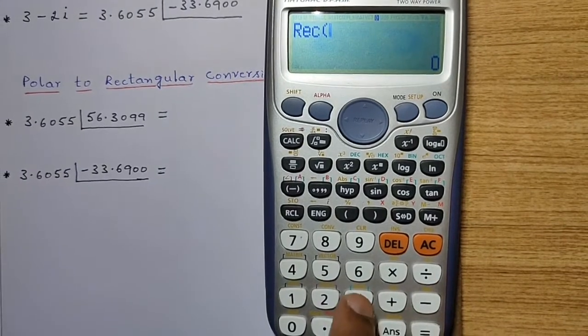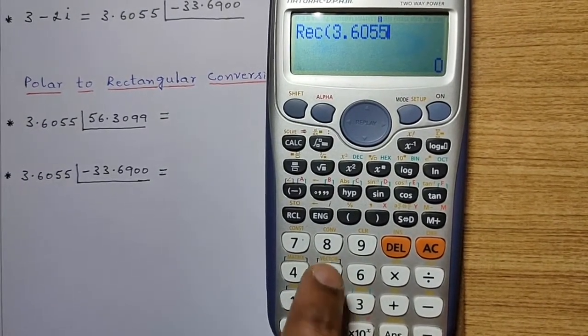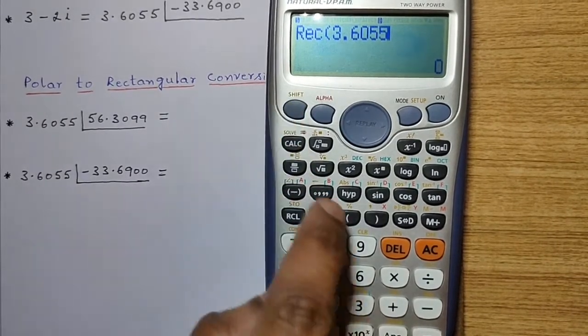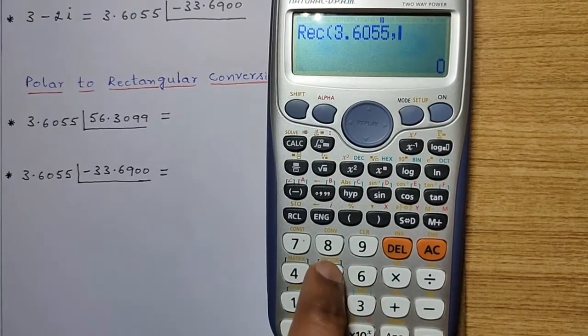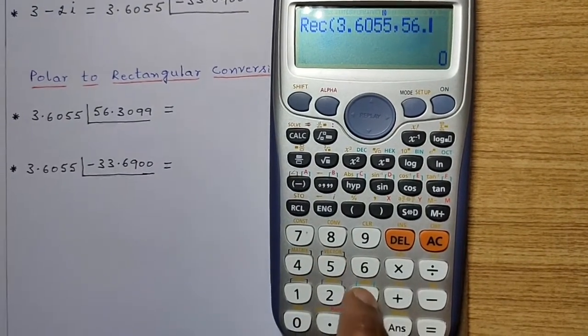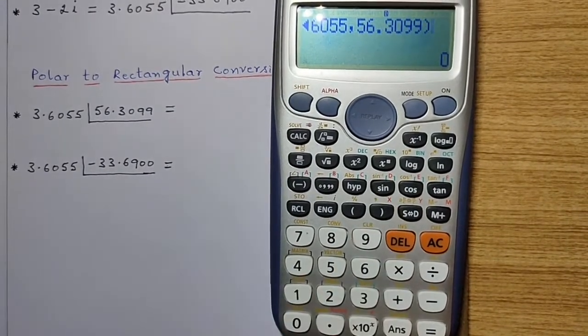First type the amplitude value 3.6055, then put a comma, and then type the phase value 56.3099. Close the bracket, press equals.